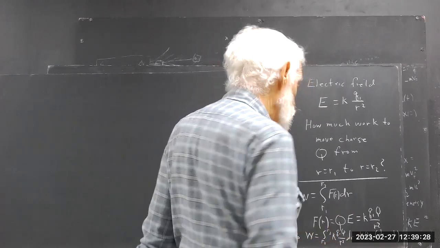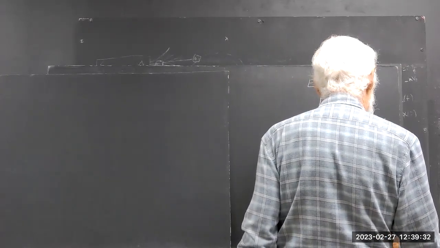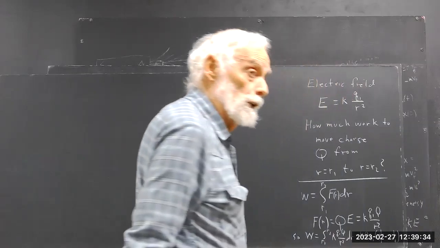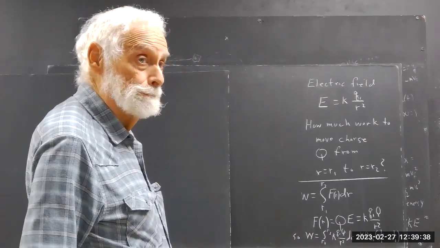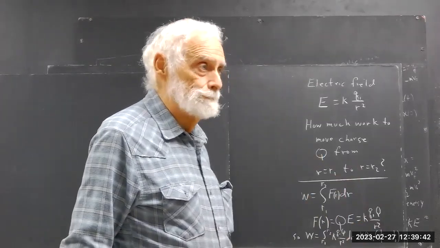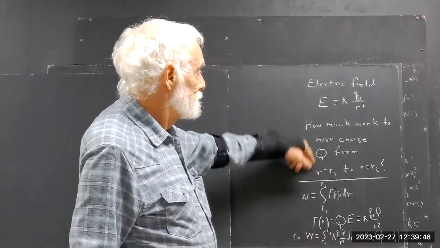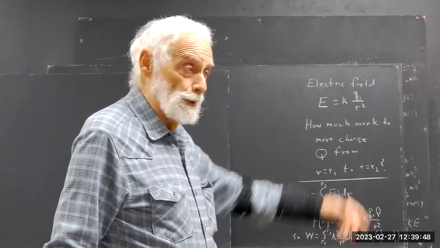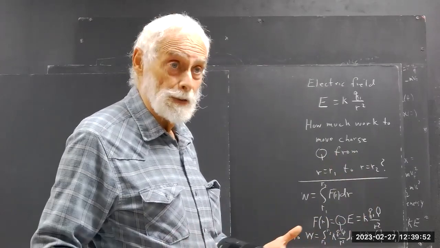Negative 1 over R would be 1 over R1 minus 1 over R2. Makes sense. Simple integral. And of course, I gave you numbers. Preferably, just do it symbolically, then plug in the numbers, because you might have several sets of numbers to plug in.